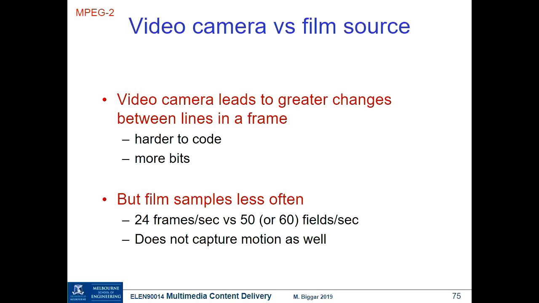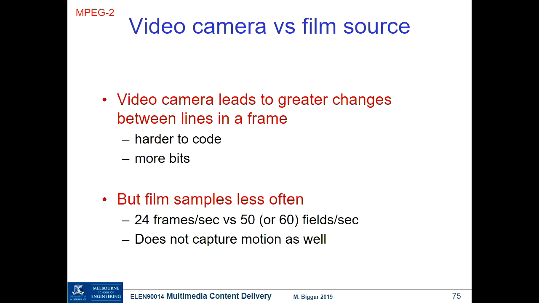When we compare the interlaced live camera source against a film source, we'll have this difference. The video camera leads to greater changes between the lines in the frame because of the interlacing, and as a result it's going to be harder to code. We'll talk about how we can code it in a second, and it's going to require more bits.